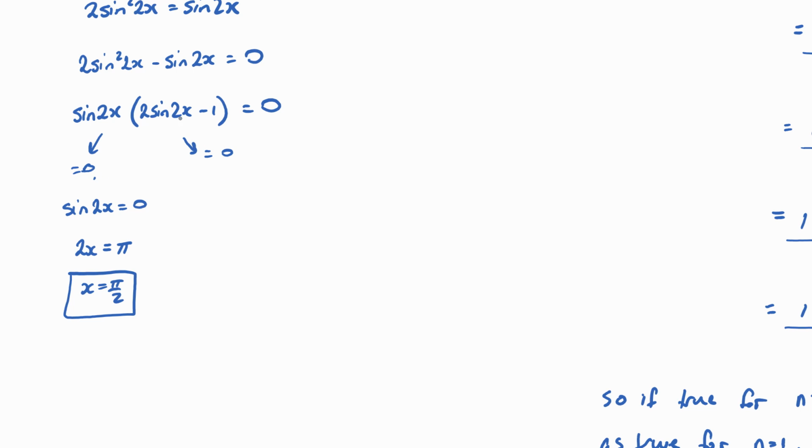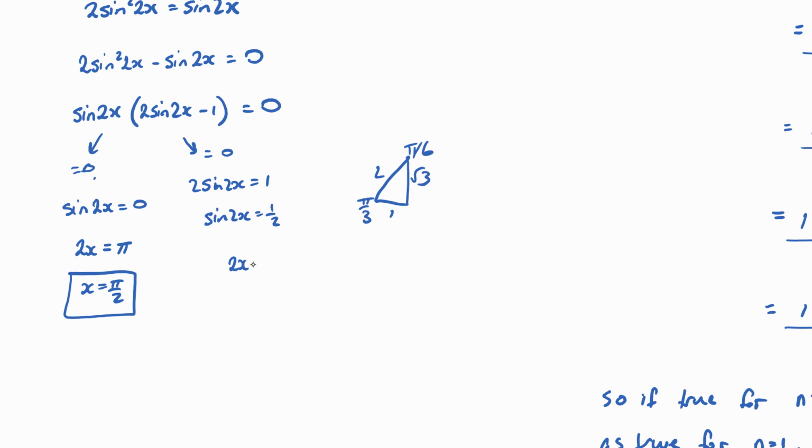And over here, let's rearrange this. This will be 2 sine 2x equals 1. Therefore sine 2x equals a half. With that triangle, 1, 2, root 3, pi on 3, pi on 6. Pi on 6 is our two angle here, because opposite over hypotenuse is a half.